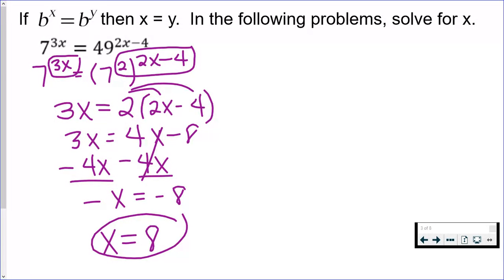You can always go back and check your work by plugging in x equals 8 and seeing if the left-hand side equals the right-hand side in my original problem. So that's the first example. I'm going to do that with 2 other examples.